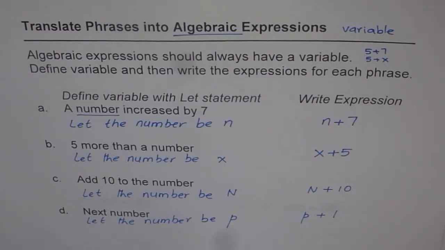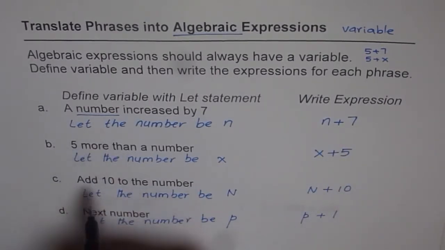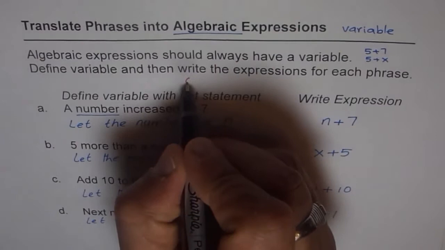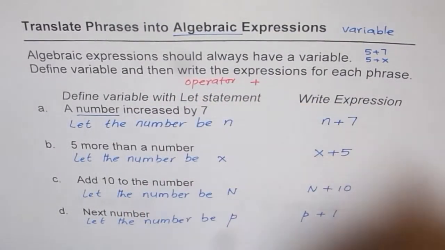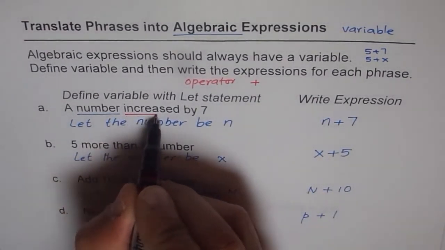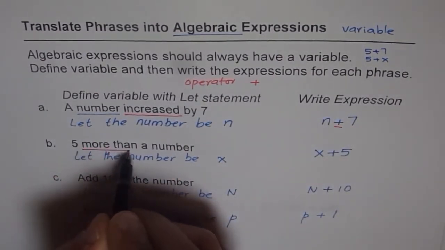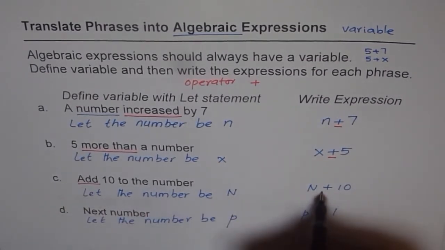As you will realize, in this particular worksheet, we have used the operator plus. And all these critical words used here are normally used for addition, right? So we have here the operator with plus sign, increased by. So if you come across the words increased by, you have to use plus. More than means plus. Add means plus.